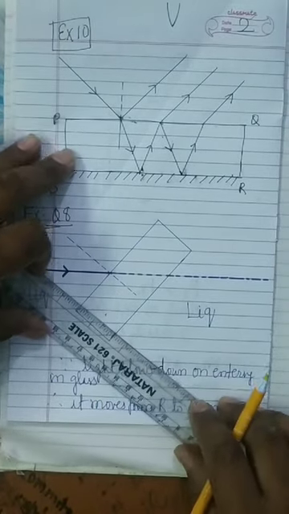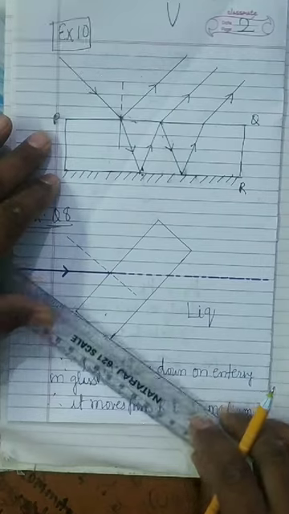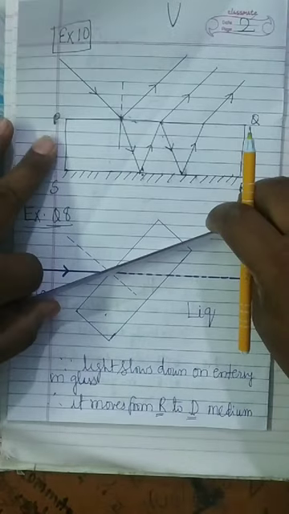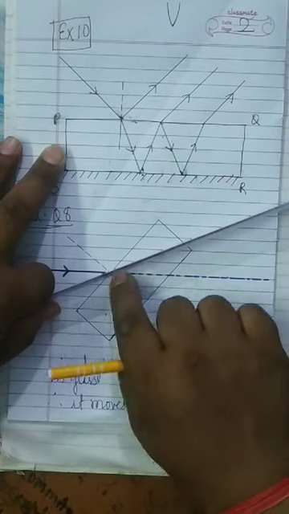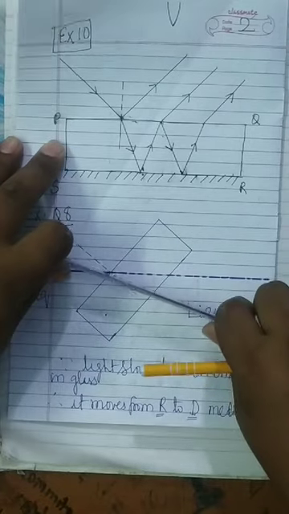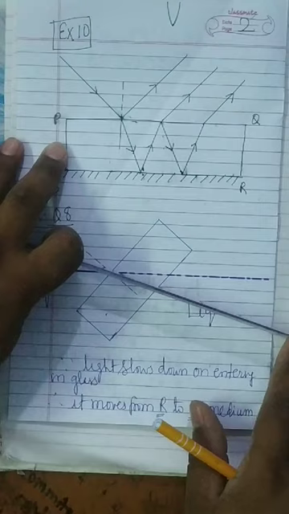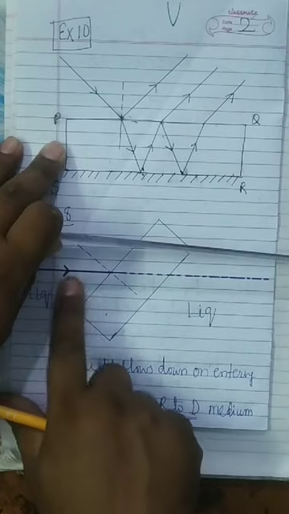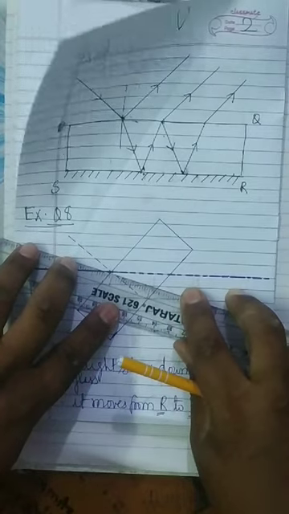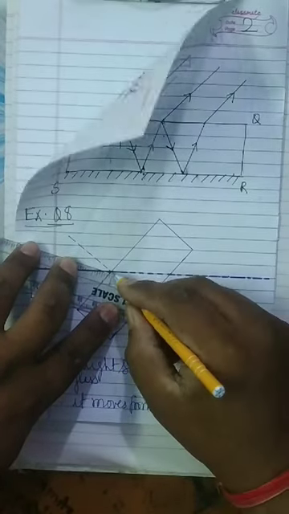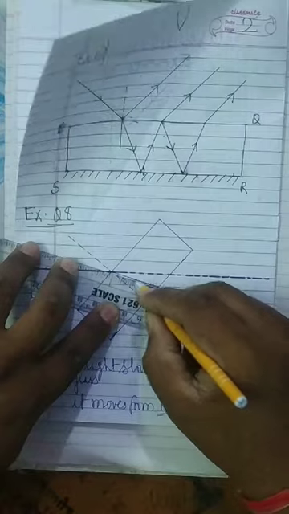Now I am going to draw the refracted ray. So refracted ray will be in which direction? It will go along this, or it will go along this. So you can see here it will go along this direction. Why? Because it is moving from rarer to the denser. So here I have drawn, it is the direction of refracted ray.